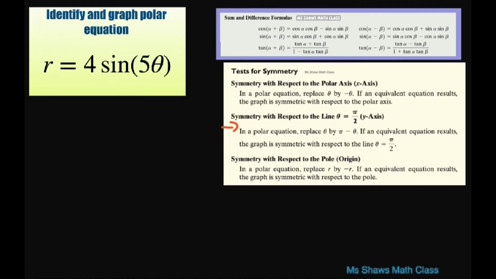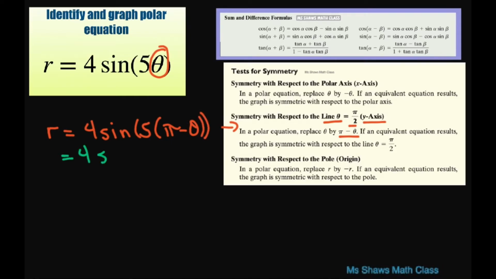The second test, we're going to check to see if it's symmetric with respect to the line theta equals pi divided by 2, which is the y-axis. And we're going to substitute in for theta, pi minus theta. So you get r equals 4 sine of 5 times pi minus theta. All right, this equals 4 sine of 5 pi minus 5 theta.